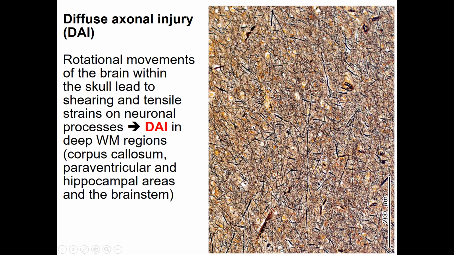So what may happen in these lesions when there is rotational acceleration and deceleration of the skull? The so-called diffuse axonal injury, DAI, may happen, and the DAI could be of traumatic origin. There are some other causes which may cause diffuse axonal injury, which we are not going to discuss today. And this results in axonal damage.